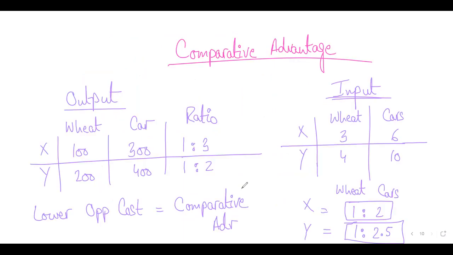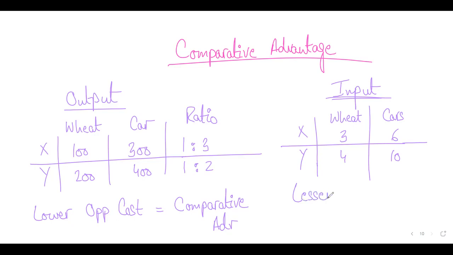And similarly over here, X needs less resources to produce cars compared to Y. So for this case, the rule of thumb would be: lesser resources compared to other country equals comparative advantage.